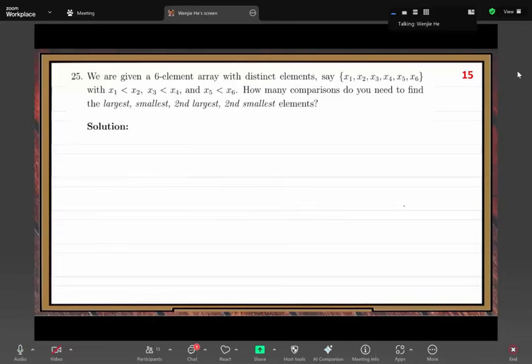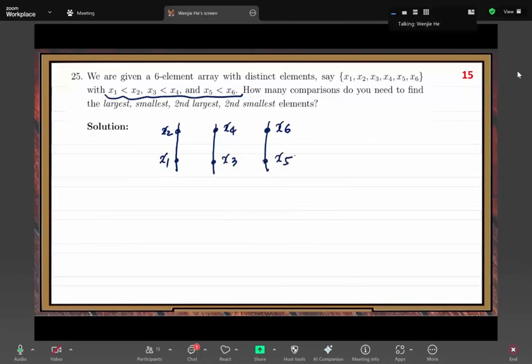So we are given these 3 inequalities. If we use the diagram: x2, x1, x4, x3, x6, x5.